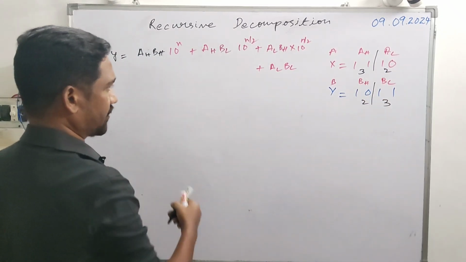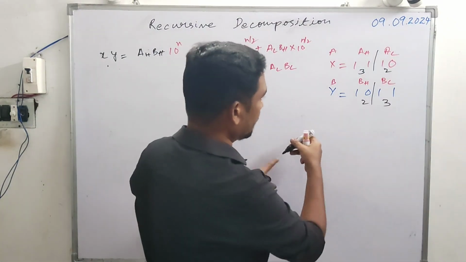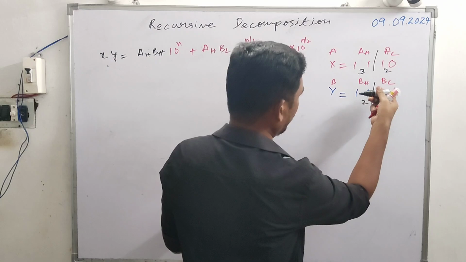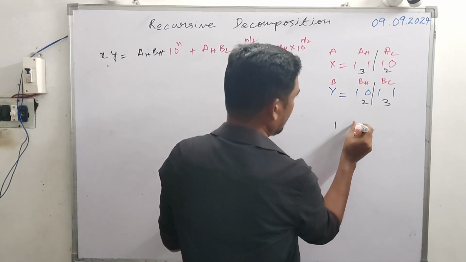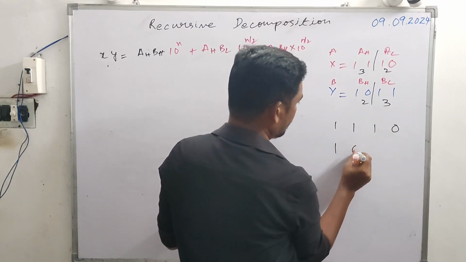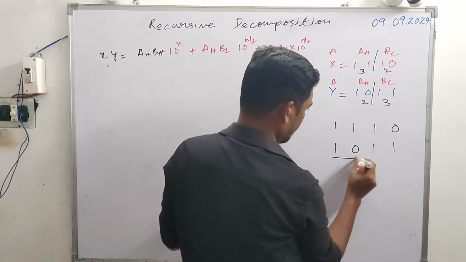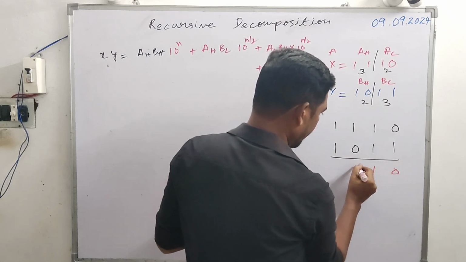Making use of this very expression, this is how the decomposition is used in recursive multipliers. So let's go for the binary multiplication between these two: 1 1 1 0 multiplied with 1 0 1 1. So here we go, like 0 1 1 1.